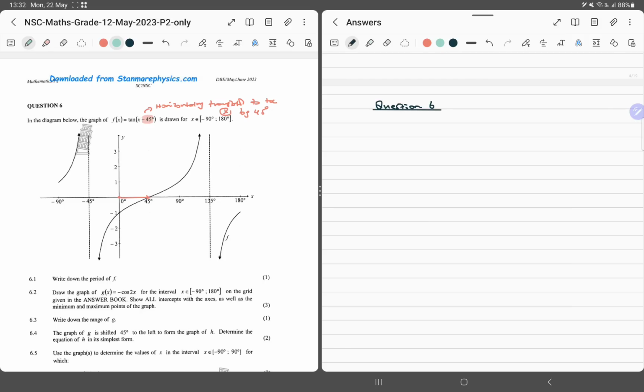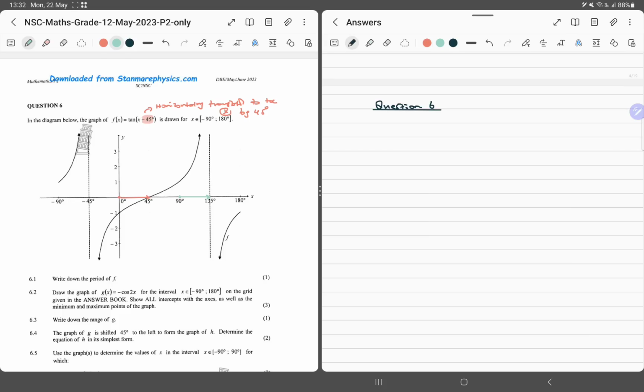Matric is essentially an integration year for all your school years. You can't arrive at matric and still be freezing when it comes to basic things. Again, we know that the tan graph has an asymptote at 90 normally. But that asymptote is shifted 45 degrees to the right. So this makes a whole lot of sense.